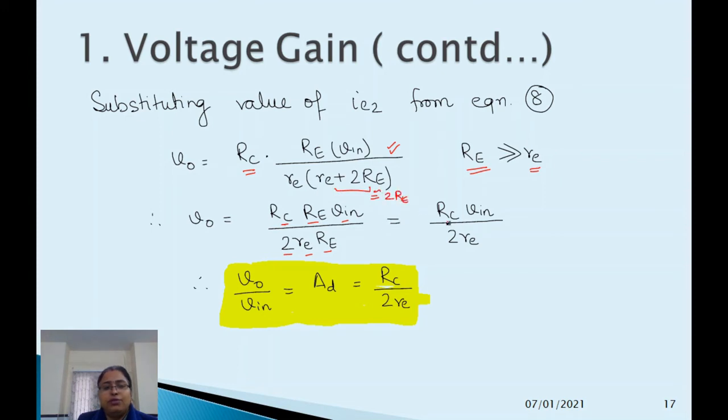So this is equal to RC into V in, because this RE got cancelled, RC into V in upon 2RE. So taking this V in to the left hand side, V0 upon V in, which is the gain, is equal to RC upon 2RE.